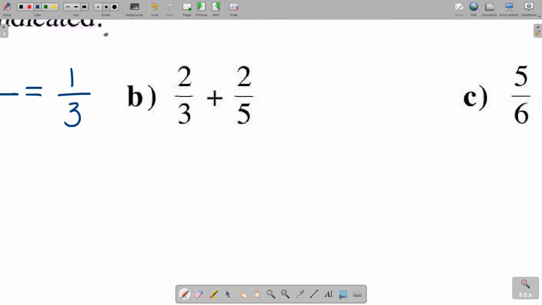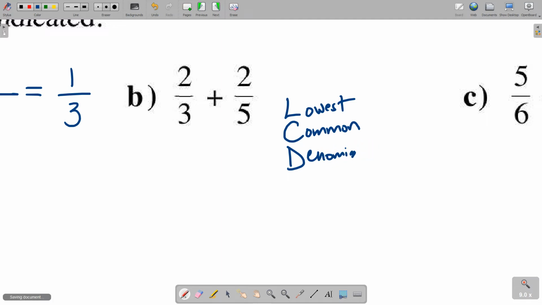So the best choice is to figure out the lowest common denominator or multiple between the values of 3 and 5, namely the number which they both go into.